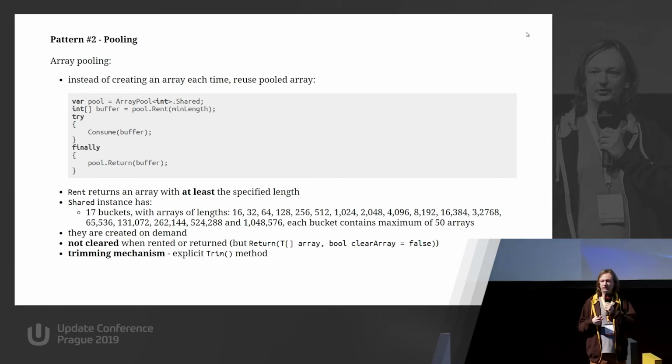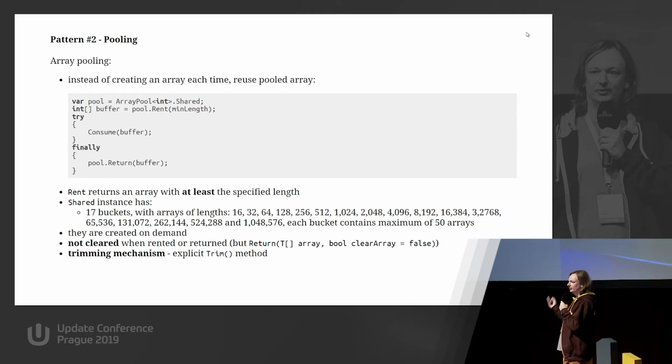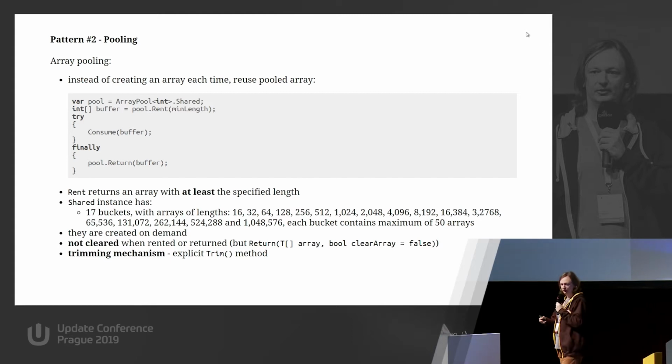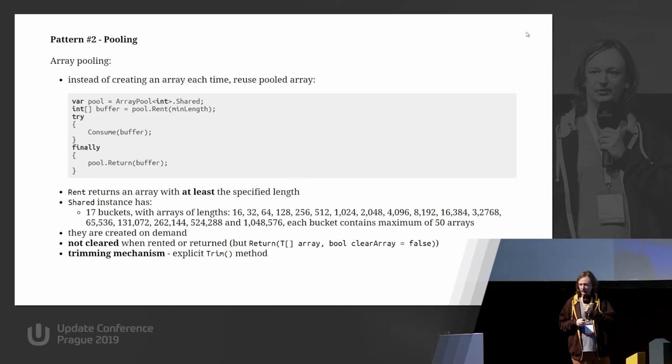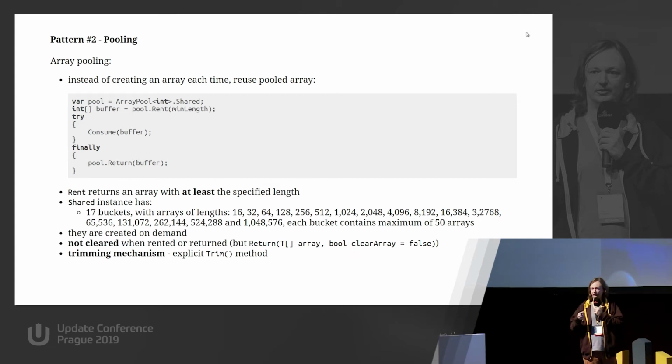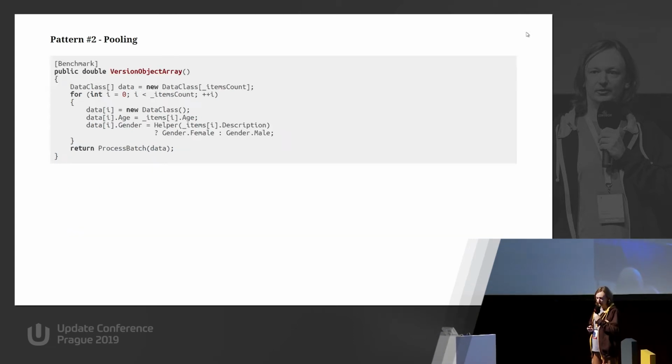So this is quite an easy API, in fact, and provides us this tremendously good benefit of reusing these arrays. So we don't need to create them every time. We are just having some buckets with arrays of a given size, and the arrays are reused every time we are using array pool. Very, very nice and quite an easy fix if you are using a lot of arrays.